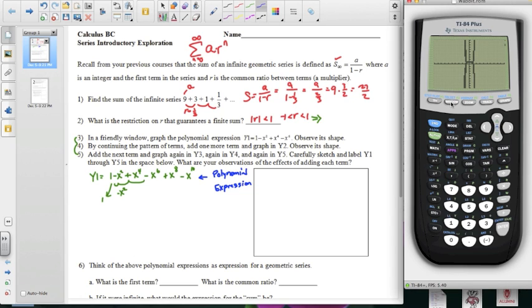Okay, and so if we zoom in on that, maybe our x-min is -3 and our x-max is 3, and maybe -5 and 5.